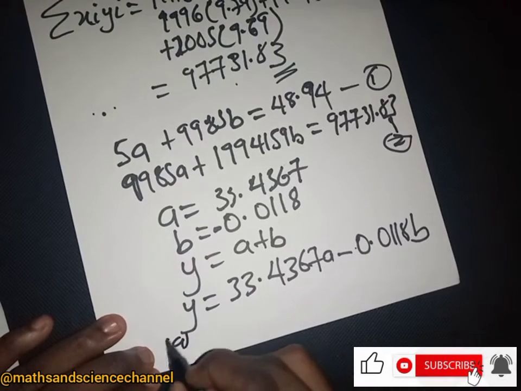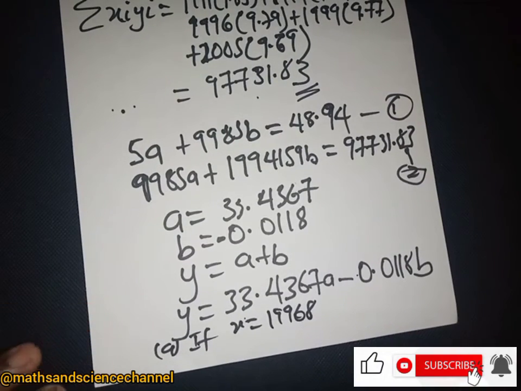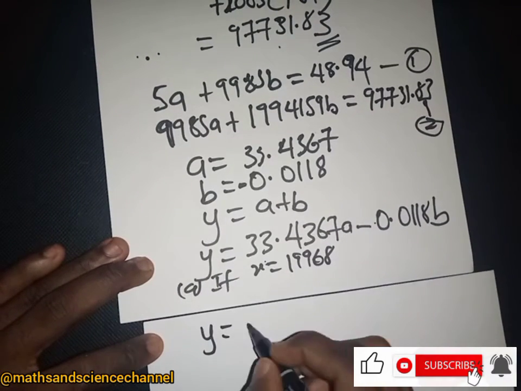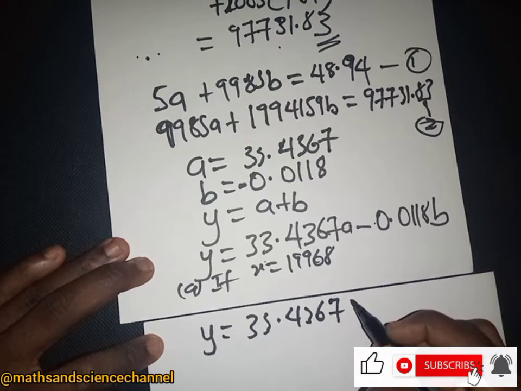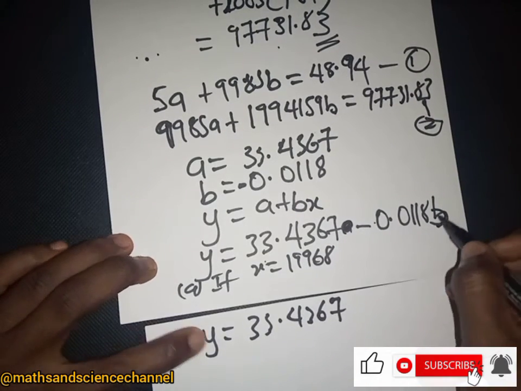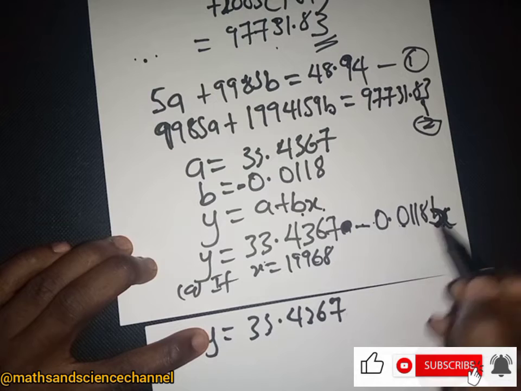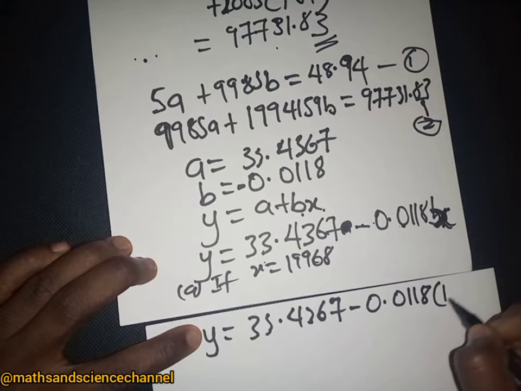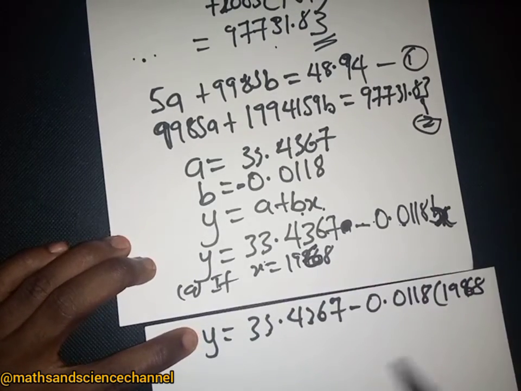If x is equal to 1968, then what we would estimate for the fastest time would be y equal to 33.4367. Sorry, it is a plus bx, so we have a minus b times x, so minus 0.0118 multiplied by 1968.